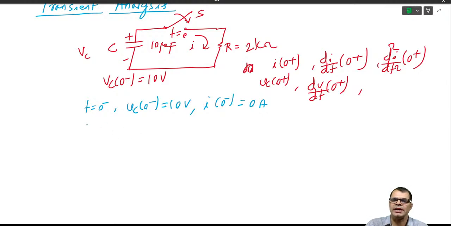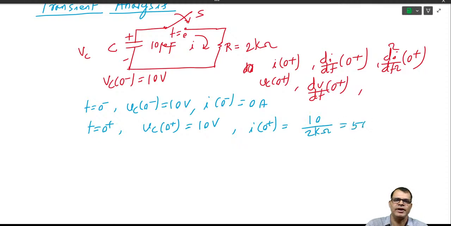So just after the switch is closed at 0+, as you know, the voltage across the capacitor cannot be changed instantaneously. So Vc(0+) will remain 10 volt and I(0+) will be 10 volt upon 2 kilo ohm, that is 5 milliampere. The circuit looks like this.